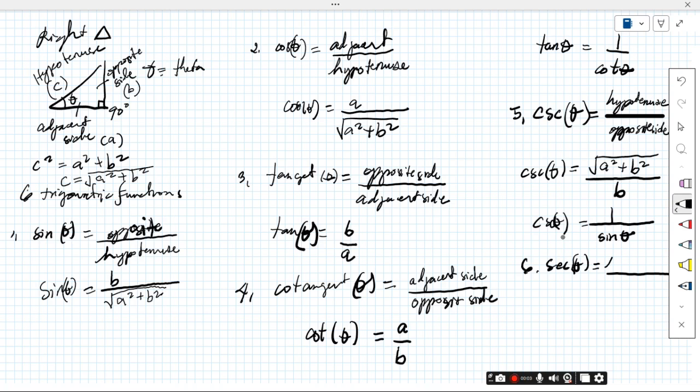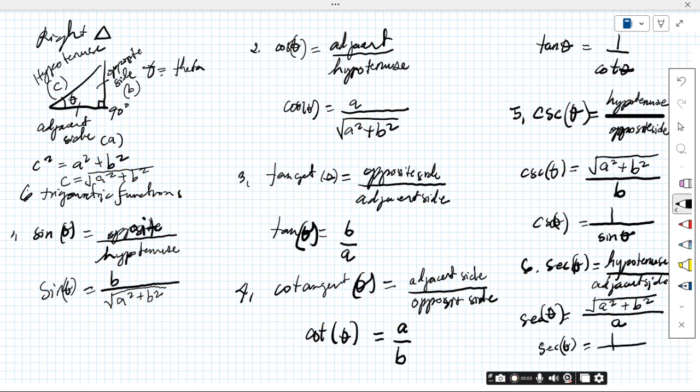So in the numerator it has to be the hypotenuse, and in the denominator it has to be the adjacent side. The hypotenuse is defined by the Pythagorean relation, the square root of A squared plus B squared, and the adjacent side is defined as A. So again, do not forget that our secant theta is the reciprocal of cosine theta.